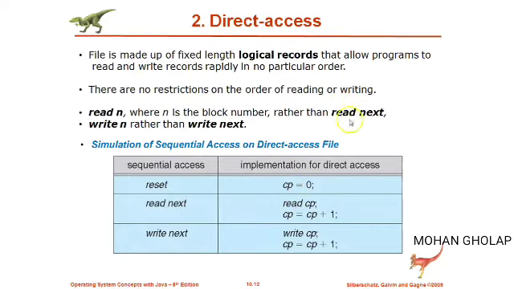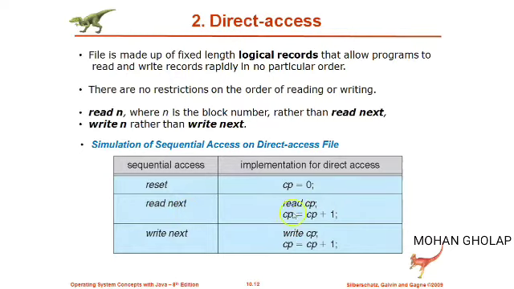In order to implement read next, you have to call read, and instead of n you pass the value CP, because CP is nothing but the current pointer. We know that read next starts the read operation from the current pointer. So when you pass CP, it will start the read operation from the current pointer, and after that, we know that whenever you call read next, it automatically forwards the pointer to the next block.